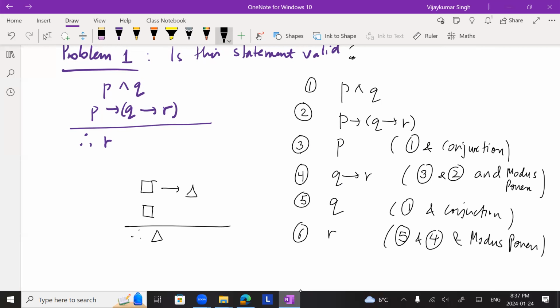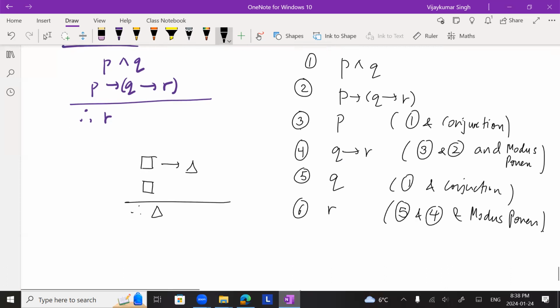There we go. Voila. Does it make sense? So this is how we'll apply the rules of inference. So what is the upshot of this? We have shown that if P and Q is true, and P implies Q implies R, therefore R is a valid statement.